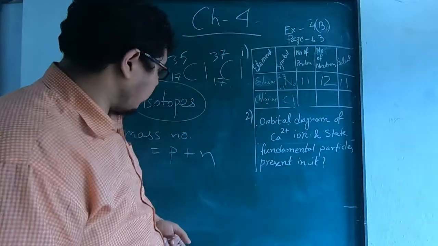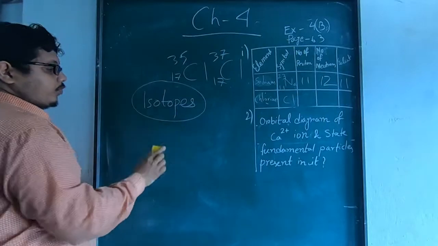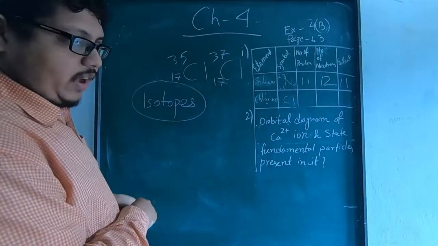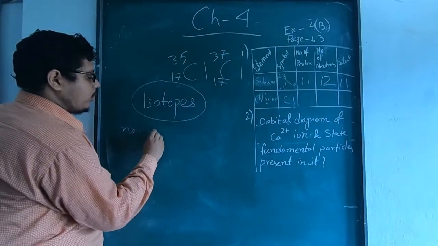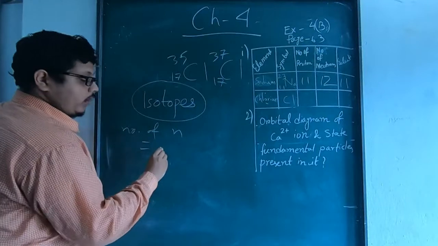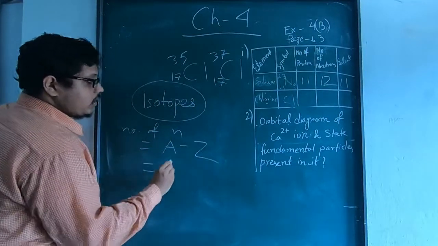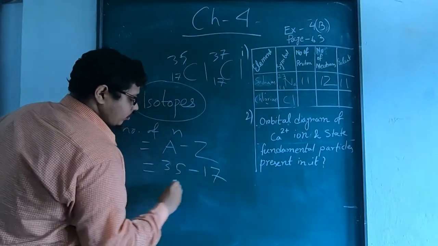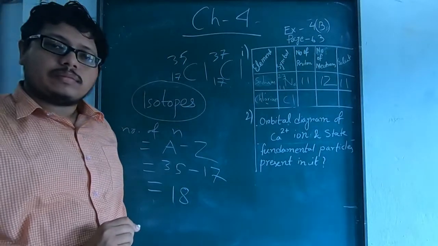If you try to find out the number of neutrons for this one, say this 35, mass number 35, we will do as we have done before. Number of neutrons will be mass number minus atomic number. So we will get 35 minus 17. How much can we get? 18.